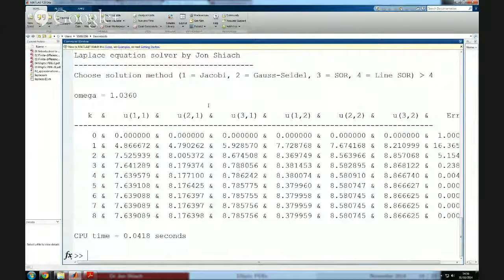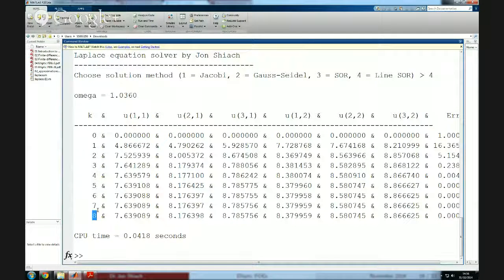The omega calculated as the best estimate for the over-relaxation parameter was 1.0360. And you can see here, it took just 8 iterations. From memory, the Jacobi method took 33, Gauss-Seidel took 18, point SOR took 13, line SOR took 8.